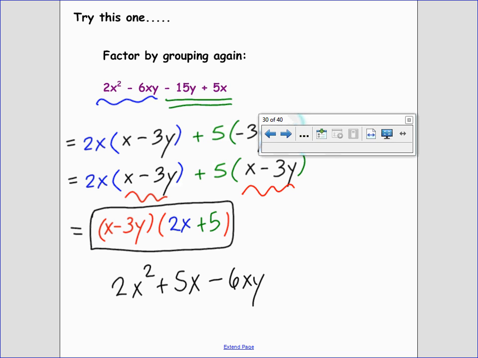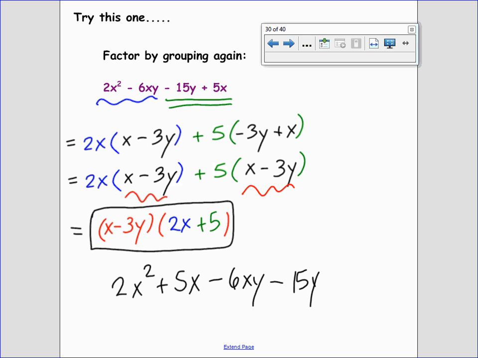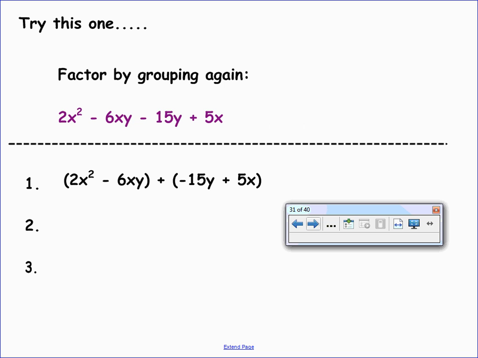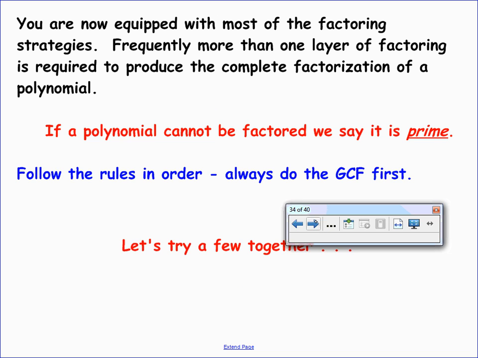And negative 3y times positive 5 is minus 15y. If I were to reorder those terms, in addition or subtraction, would I have equivalent to the original? Boy, howdy. So we're winning, which is what we strive for, day in and day out. So this shows how we could reorder that and pull out the common group.